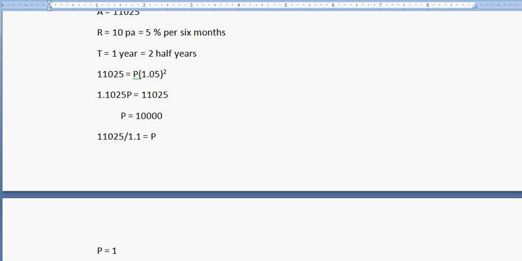So it would be, sorry, more than 10,000. It would be 10002.2, so 2.2 rupees more than 10,000, right?